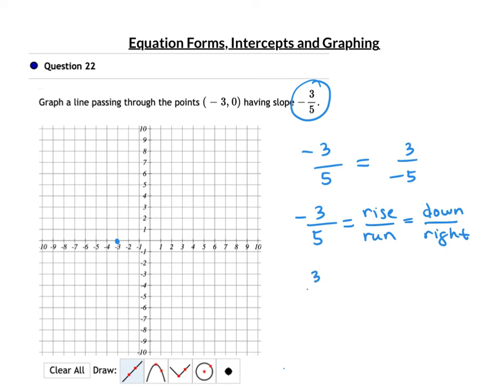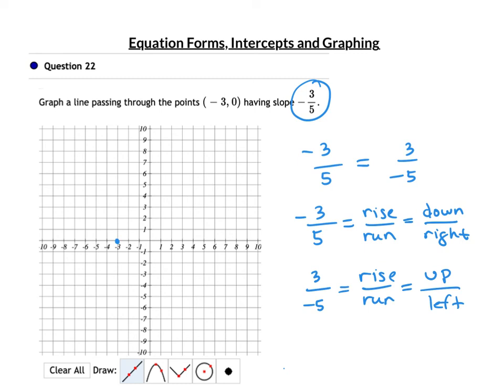If you put the negative below, then your rise over your run, your rise is positive 3, you go up, and your run is negative 5, you go left. Again, think of the x-axis. Negatives are to the left. It ends up being the same line, though.